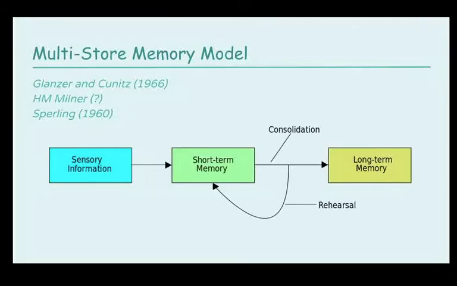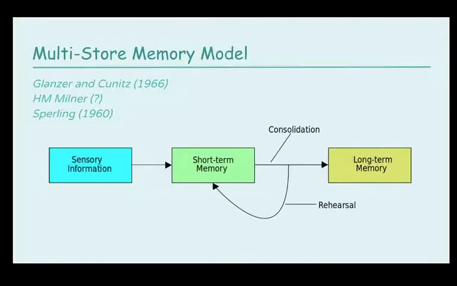If I recall correctly, one of the H.M. Milner studies, according to In Thinking, is 1966, but I actually didn't find a study from 1966, so I just put a question mark there. Any H.M. patient Milner study works.